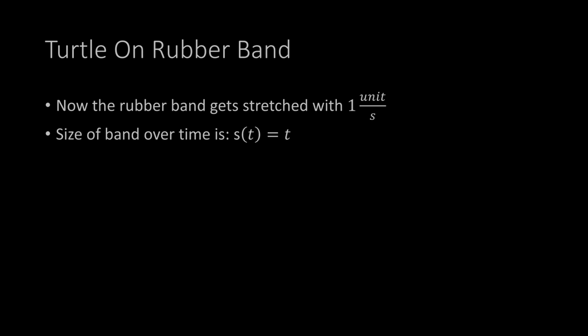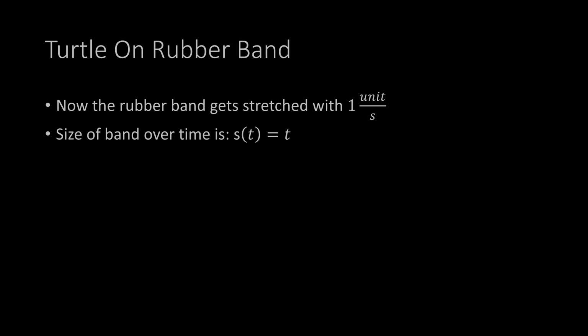But we are not that nice. We are going to stretch the rubber band with 1 unit per second. So the size of the rubber band over time equals t, meaning that after 1 second it is 2. Okay, that's actually a little mistake. It should be t plus 1, because at 0 it's already 1 length.